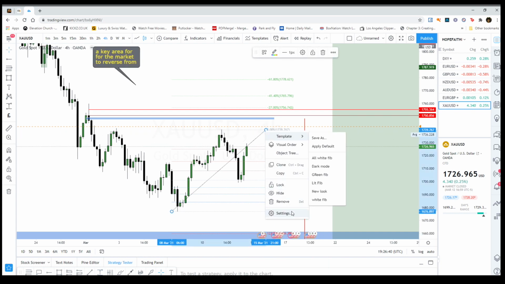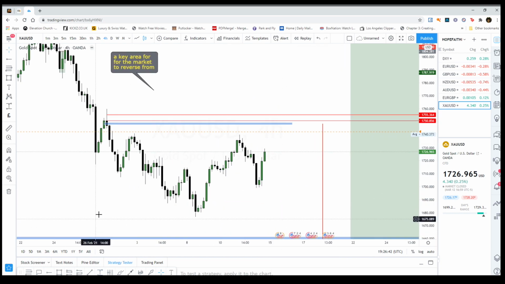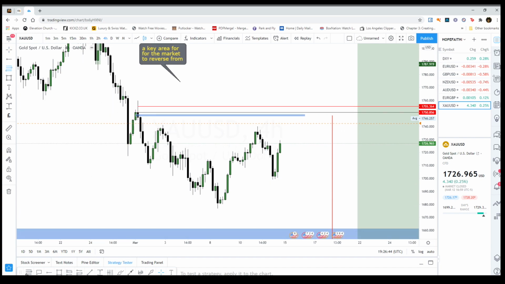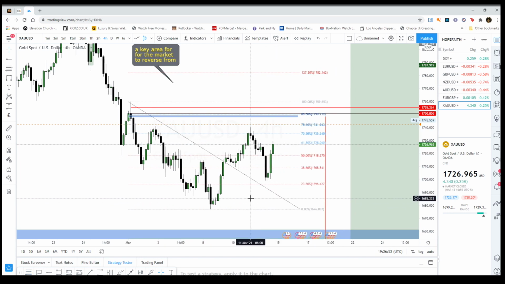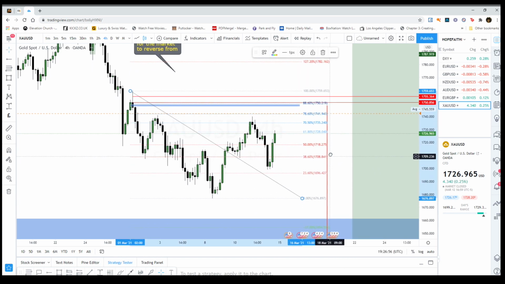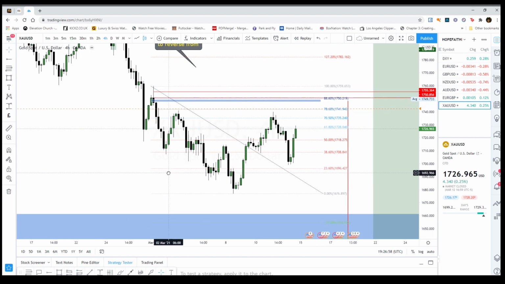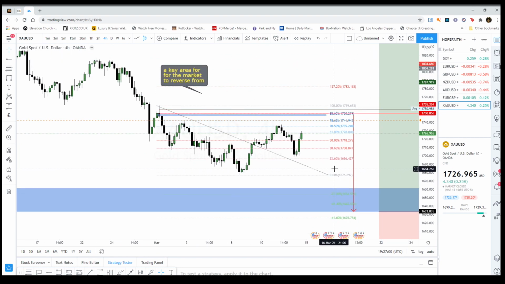Although I wouldn't advise swinging gold, that's just a good indication that you can actually read this from a technical perspective and fundamental. And if you combine them, you can probably get very good results for long term buy or sell.